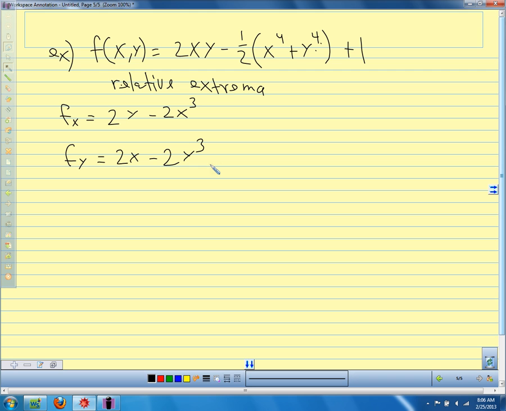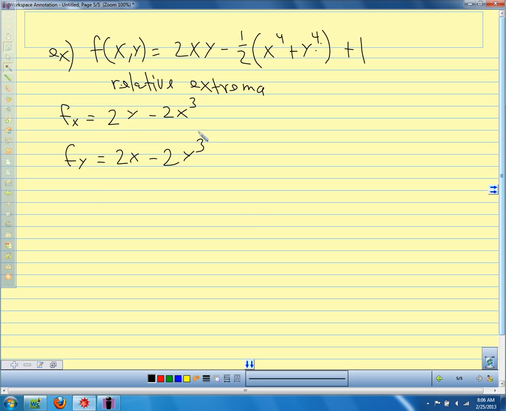So how are we going to find our critical points here? Solve for 0. First off, just by looking at these, 1, 1 is going to work, and what else is going to work? 0, 0.